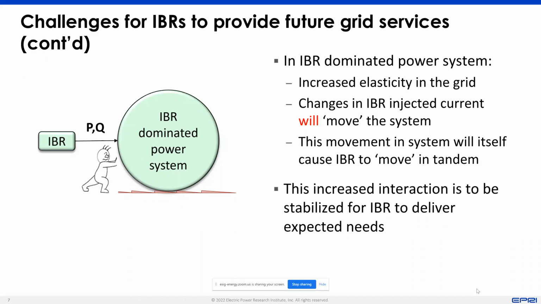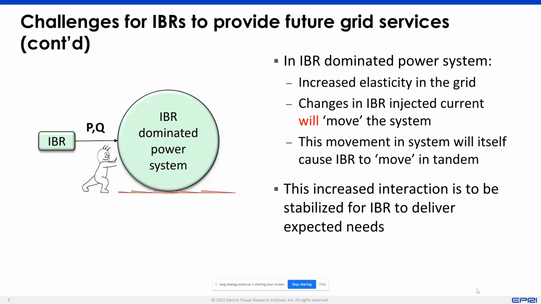So this instability that can occur here because of this closed loop relationship is, of course, now dependent upon how this inverter-based resource control is and how the control of the other resources in the system also are, because they're going to be interacting with each other.